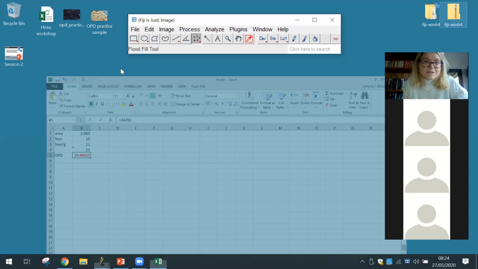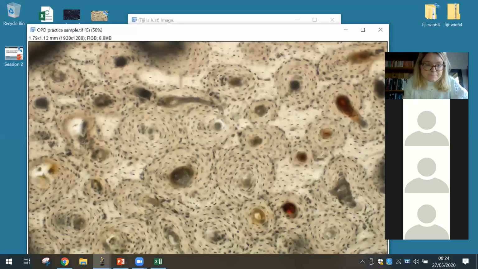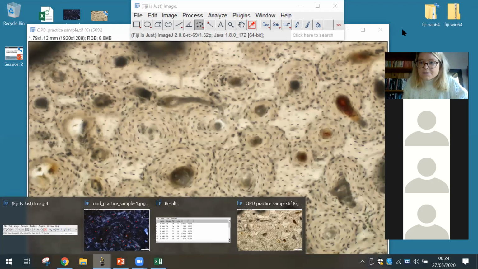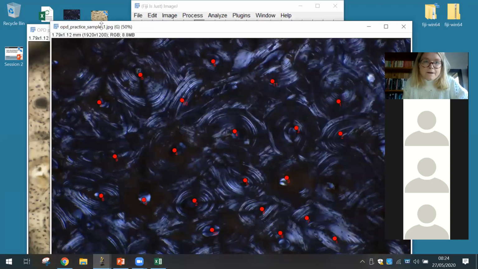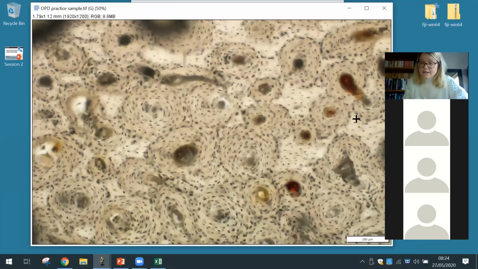So I will now move this one in. It will ask you to disable global calibration, which you can just say okay to, it doesn't really matter. I'm just going to close this one down. All right, this one is transmitted light. I don't know whether for you it's easier or more difficult to distinguish between fragmentary or intact osteons.